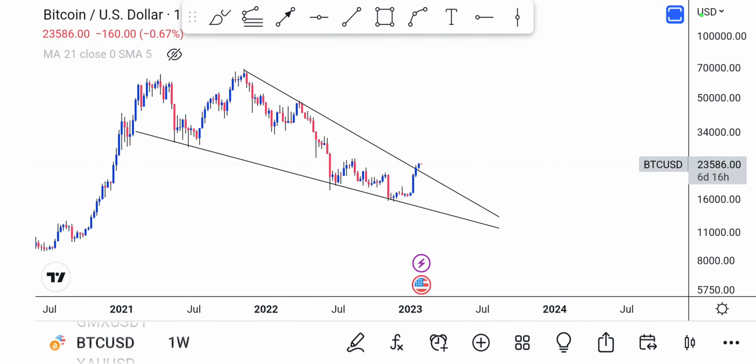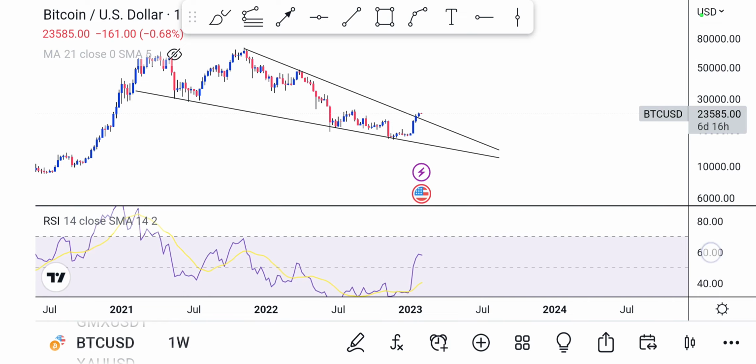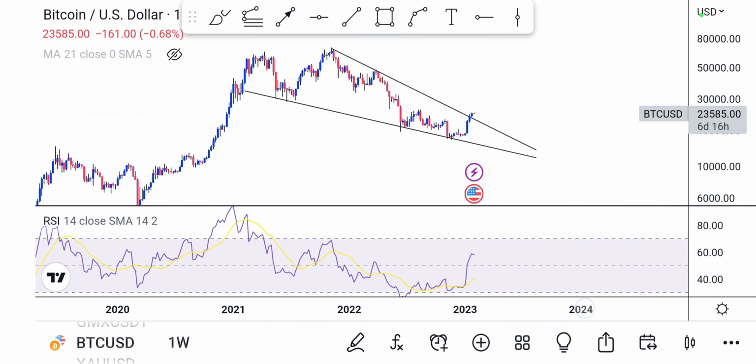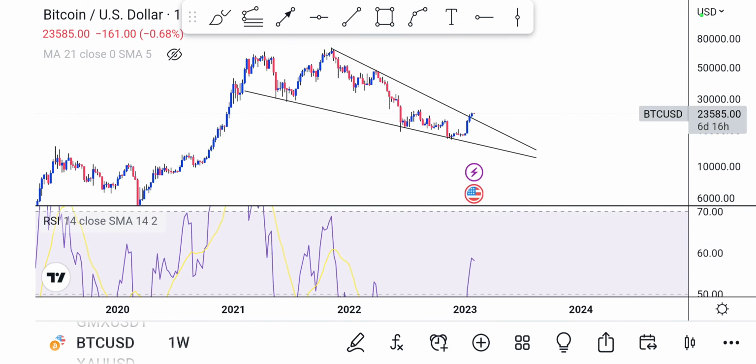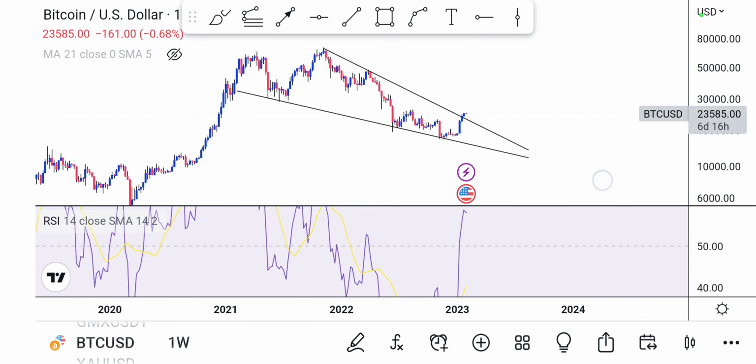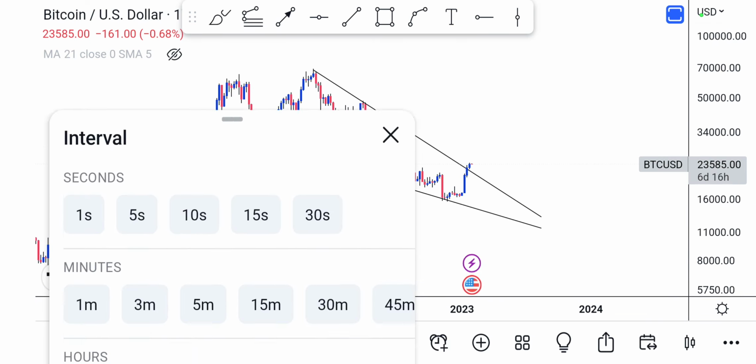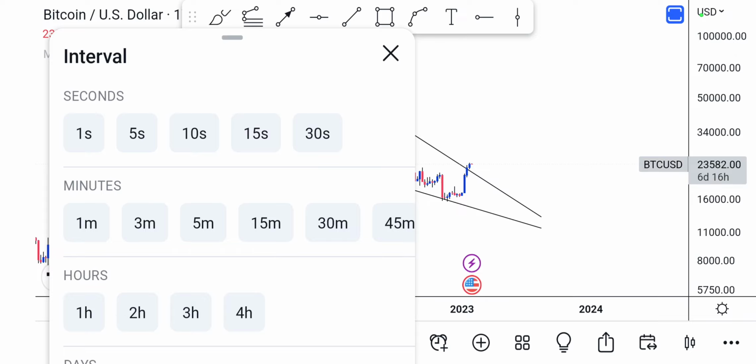Now if you can see this very well, price has actually broken out of this, but we still need some form of confirmation, which is maybe a pullback, retest, and continuation. And how are we going to get that? If we look at the RSI of the weekly time frame, it has actually crossed 50%, which is a good sign.